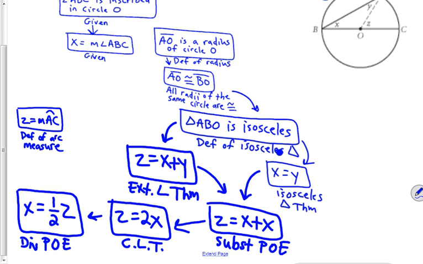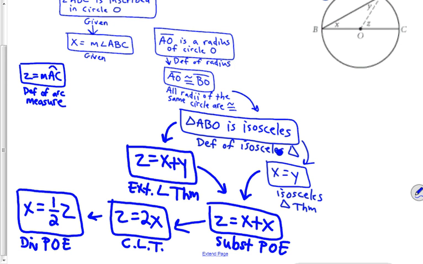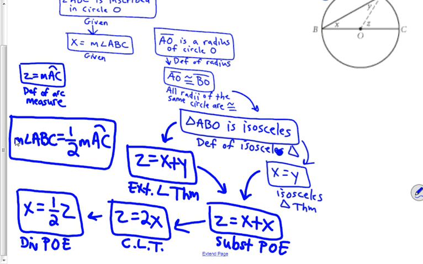So the only thing left is to substitute our angle and our arc measure. So we'll have X becomes the measure of angle ABC, and that equals 1/2 of Z, but Z is now going to become the measure of arc AC. And this comes from here, and from here, and from here.